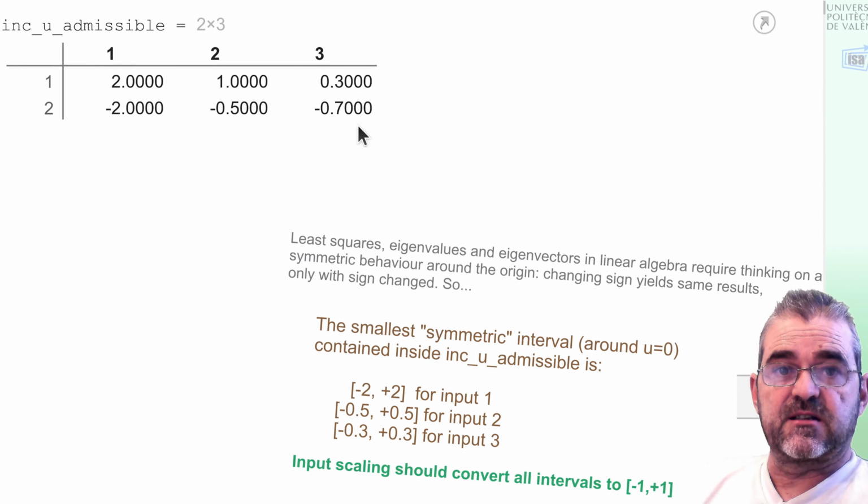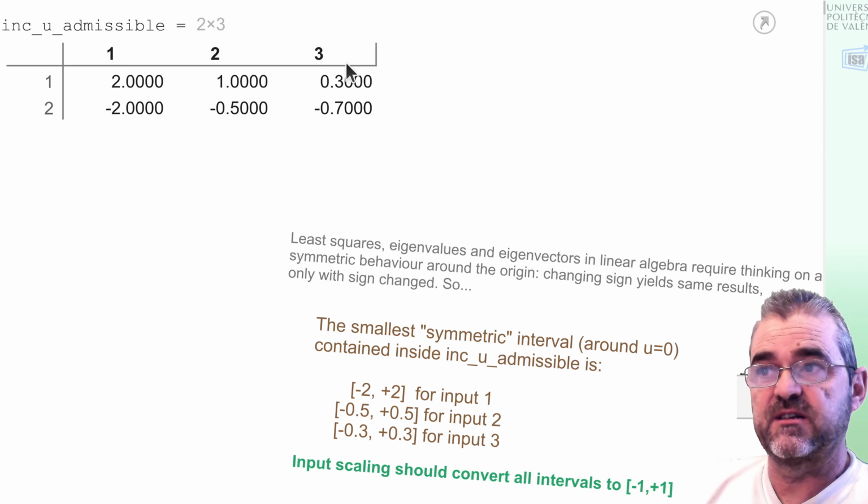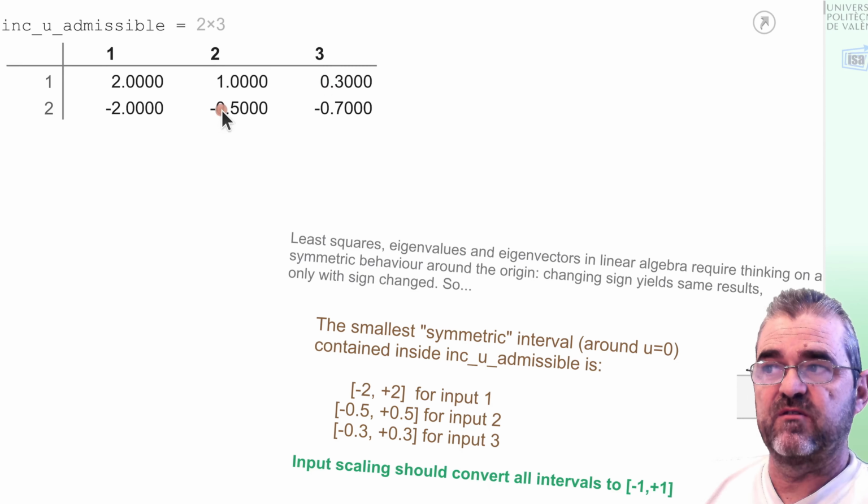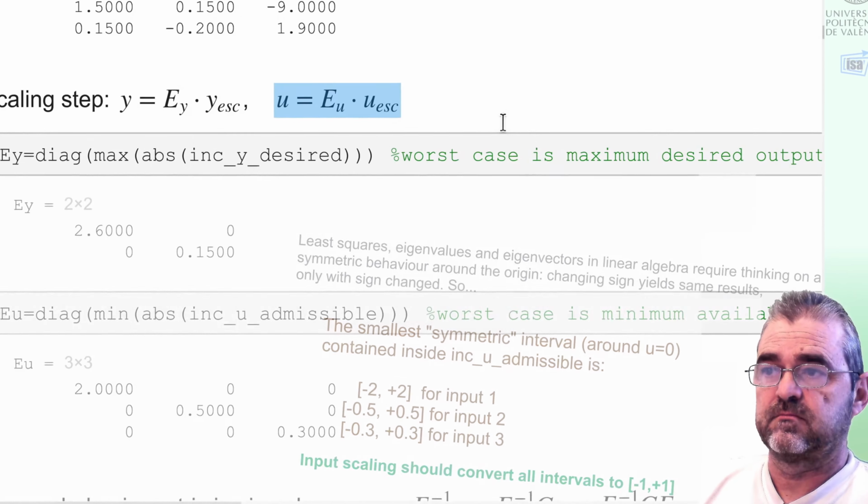What I can assert with certainty is that I can achieve any input increment in the interval plus minus 0.3, but I cannot make a larger interval of admissible inputs while keeping such an interval centered in the origin. So my worst case here is the minimum absolute value of 0.3, 0.5, and 2.